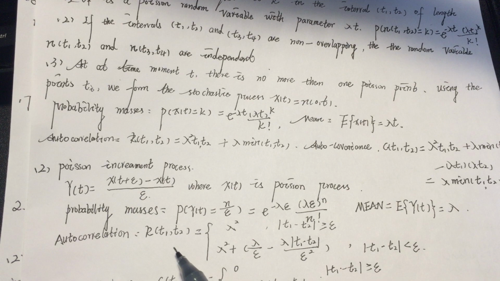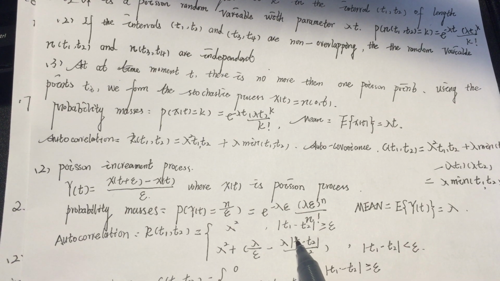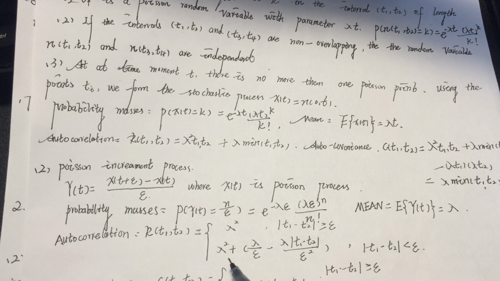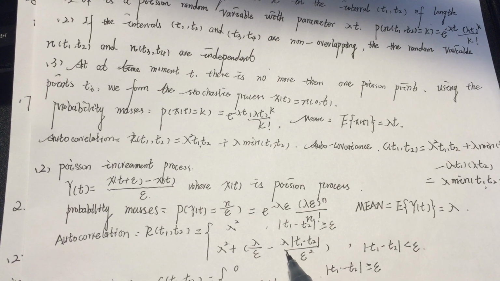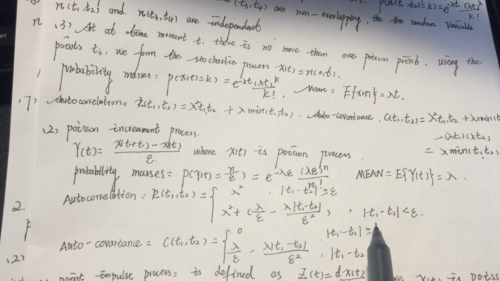The autocorrelation of t1, t2 equals lambda squared when the absolute value of t1 minus t2 is larger than epsilon, and it equals lambda squared plus lambda over epsilon minus lambda multiplied by the absolute value of t1 minus t2 over epsilon squared when the absolute value of t1 minus t2 is less than epsilon.